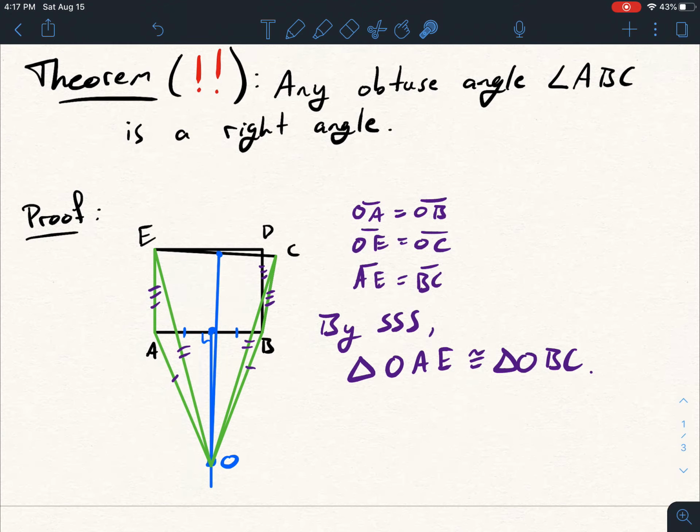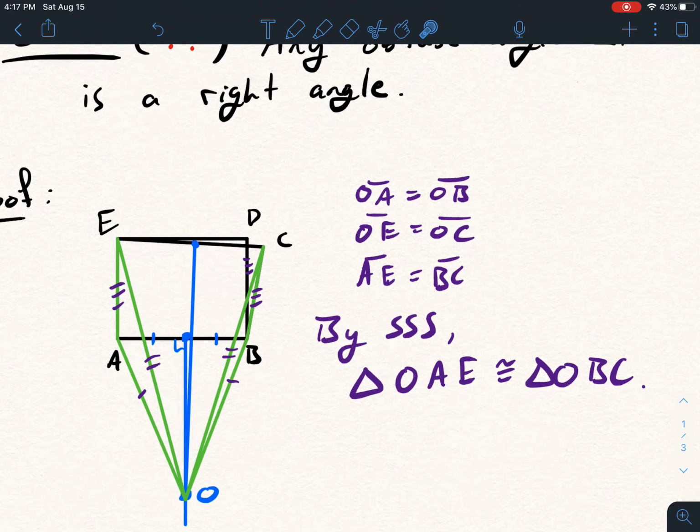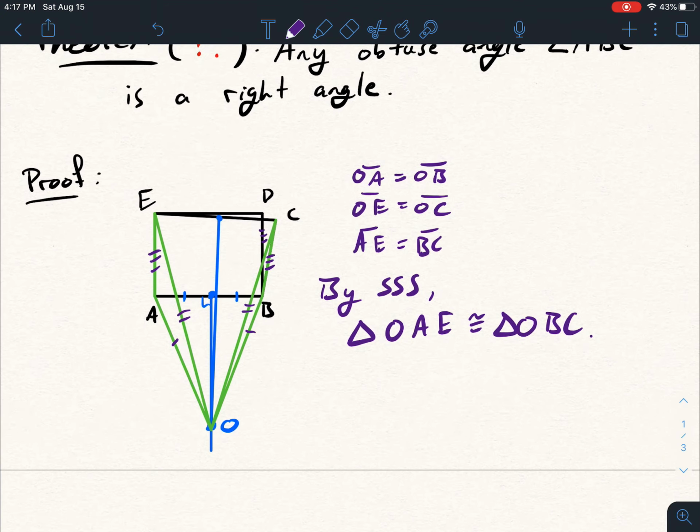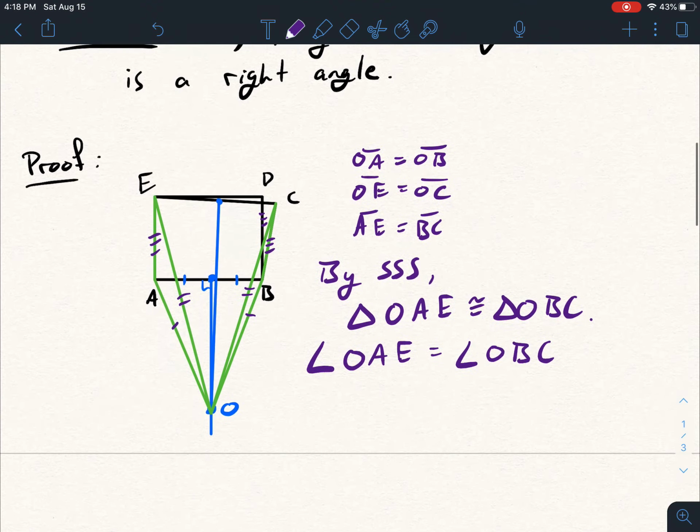And now this is the fun part, because we're about to conclude this theorem here. Because these are congruent triangles, in particular, I can say that angle OAE is equal to angle OBC, right? So angle OAE, I can actually split into two smaller angles.